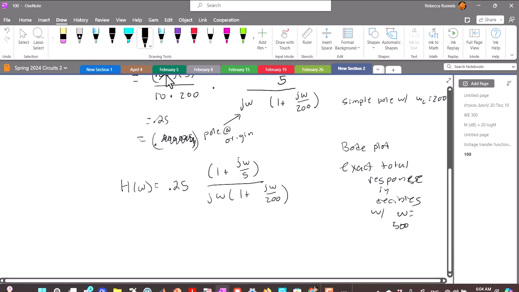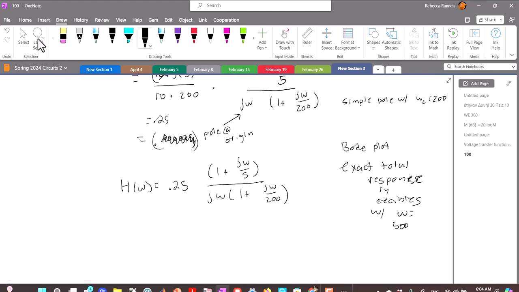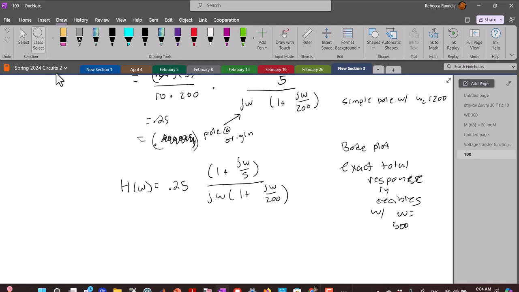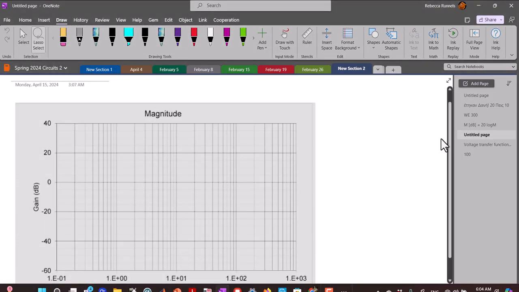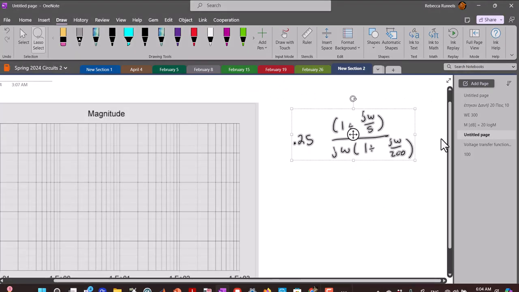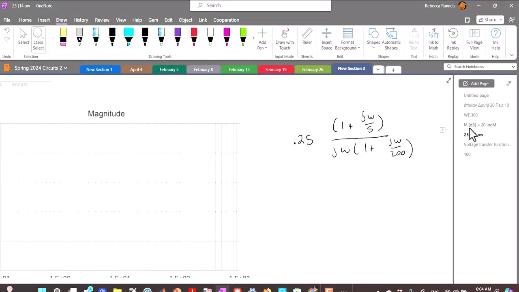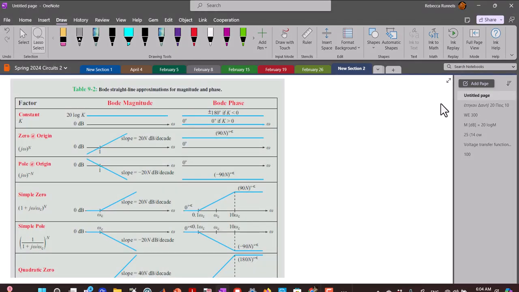Okay, so now we want to first do our Bode plot. Okay, so we'll get our constant term. A constant term is 20 log k.